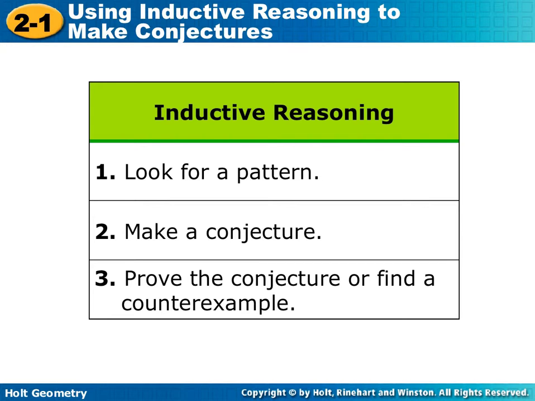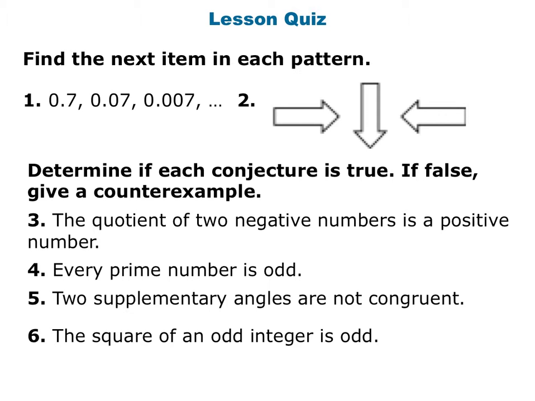Or find a counterexample. A counterexample is an example that demonstrates the conjecture is false, and so that would demonstrate that it's false rather than true. We'll work on proving in a couple more days, but we're focusing on proving it false right now, if possible.